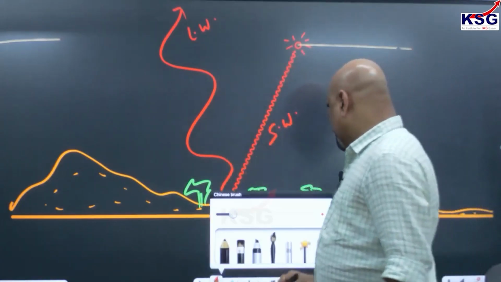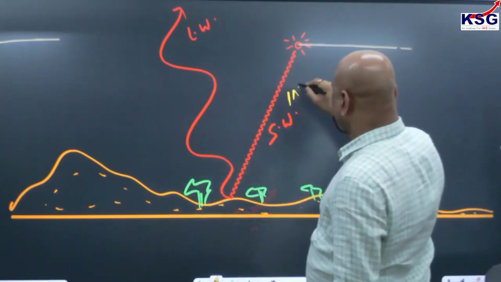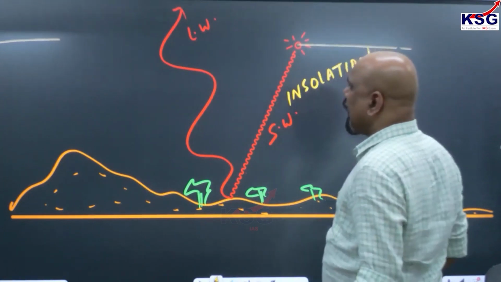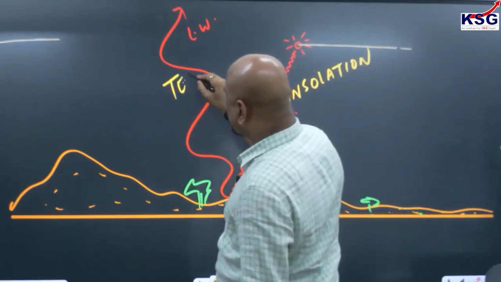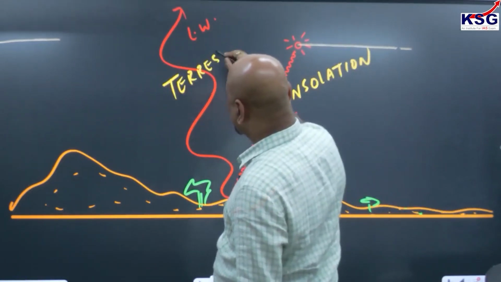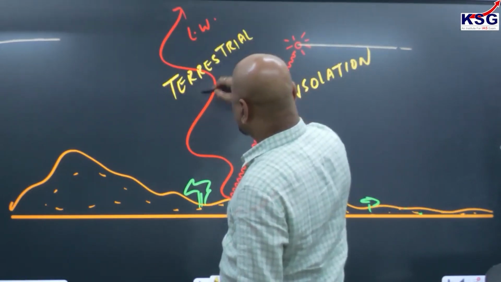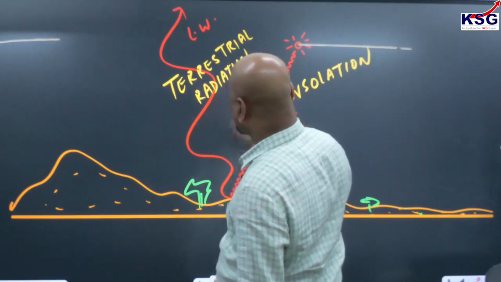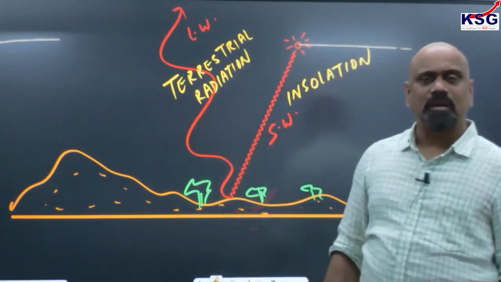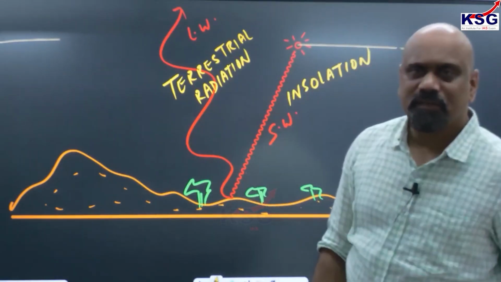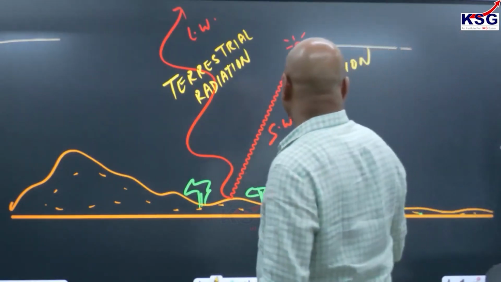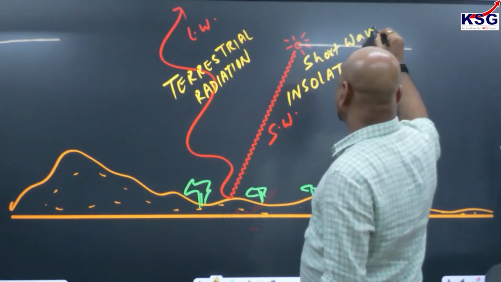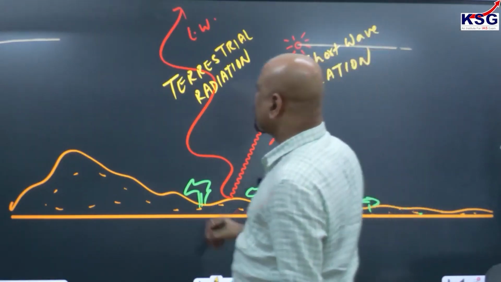This is incoming solar radiation known as insolation. Outgoing one is known as terrestrial radiation. Incoming solar sunlight, short wave insolation.